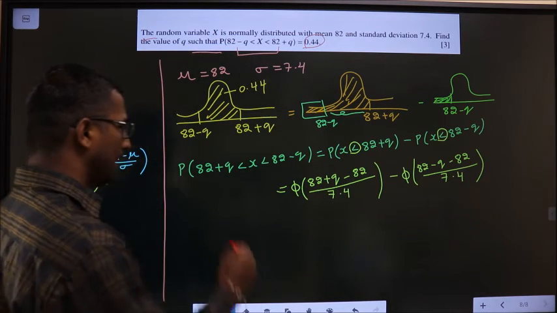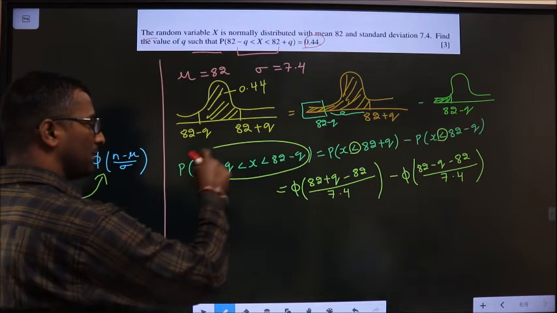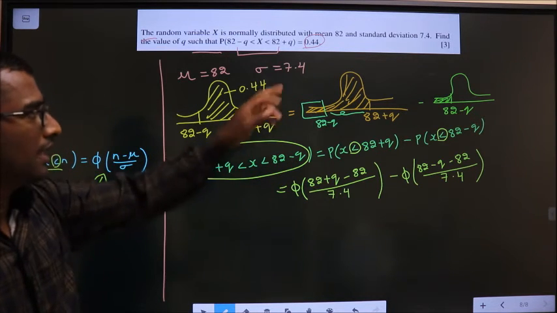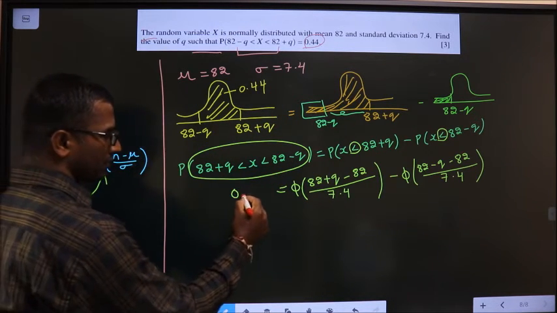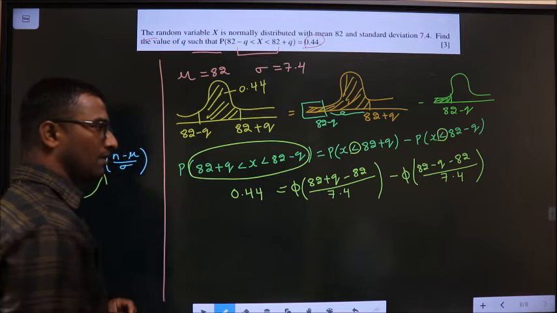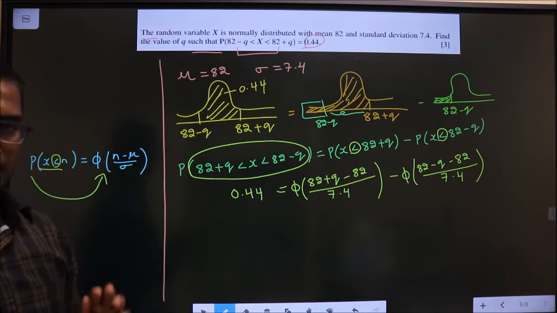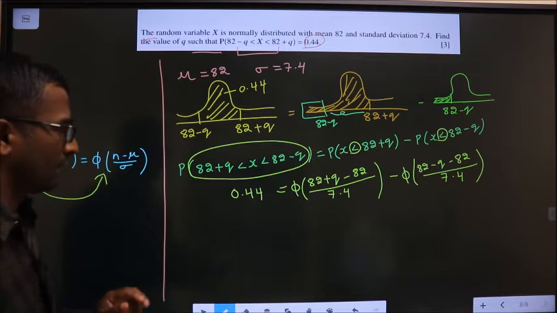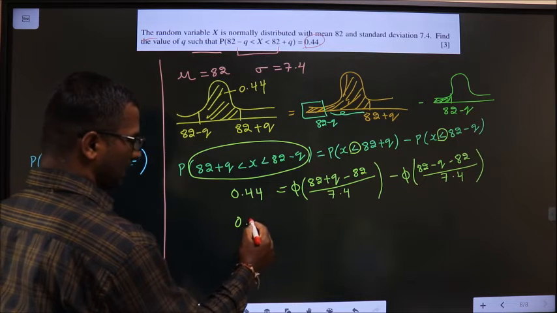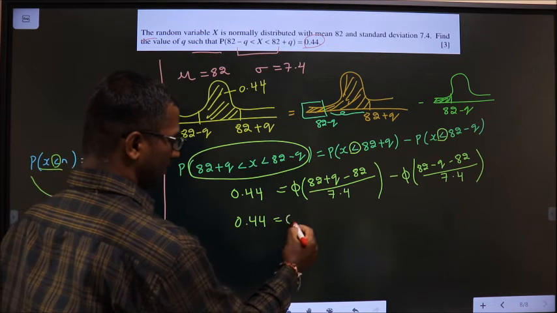And how much is this probability given to us? It is 0.44. Any doubts till here? Clear, right?